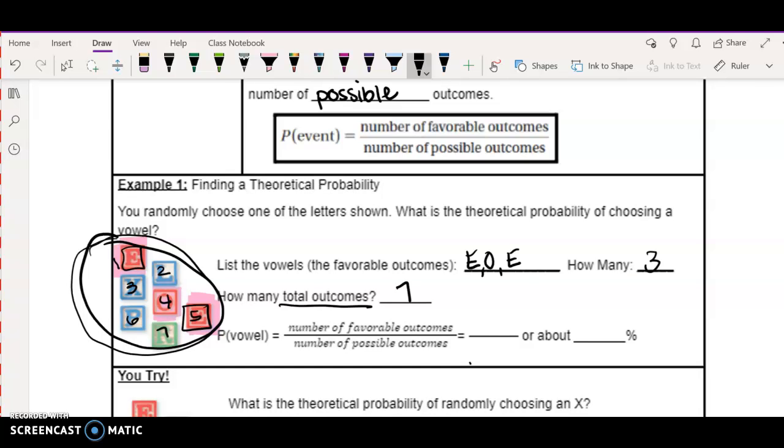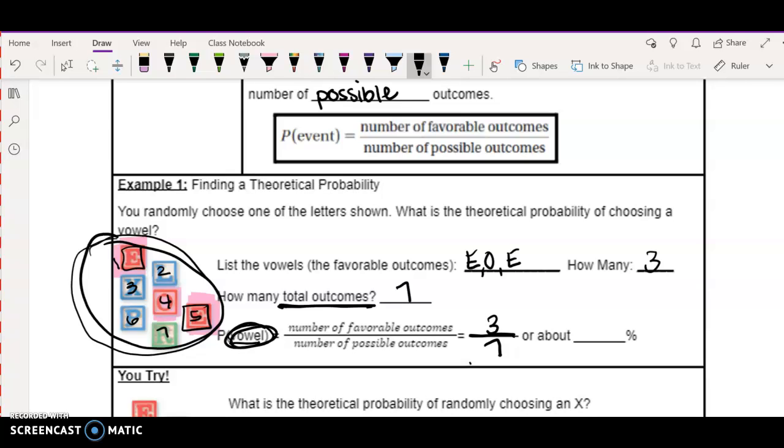So now the probability of choosing a vowel is the number of favorable outcomes. So what makes them true? So how many are vowels? We have 3. And this is over the number of possible outcomes, which is our total outcomes, our total number of blocks. And we have 7.